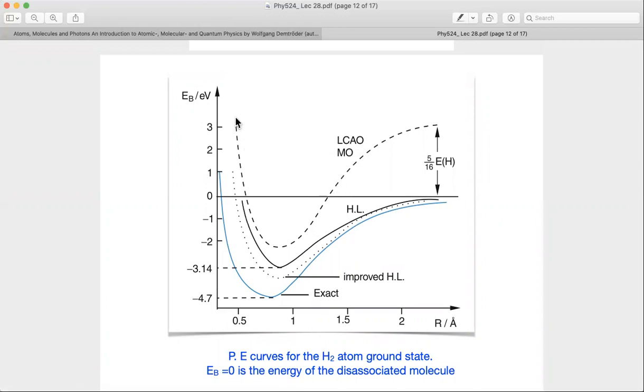You see that, for low R, I get the correct trend. I get a minimum also, but it actually crosses over and goes to positive energy. That is unphysical, because if I take the molecule to infinity, I should not have a positive energy. I should just have two atoms which stay at plus minus infinity with zero energy.